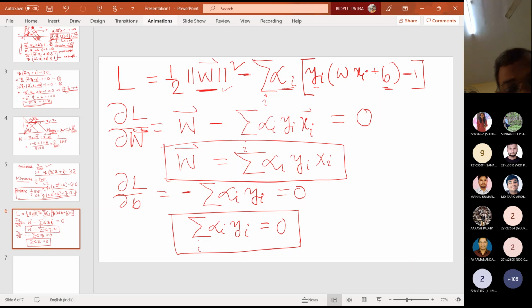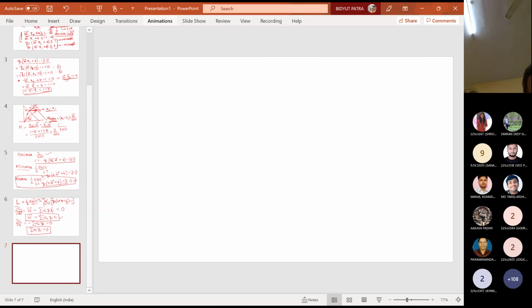Now what you do is, this W value you put in the original equation here. So if you put it in the original equation, then what will we get?